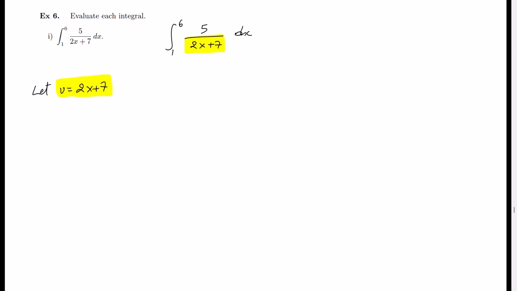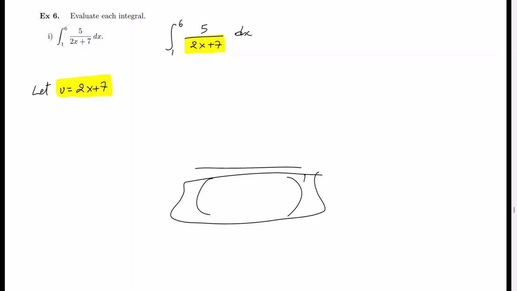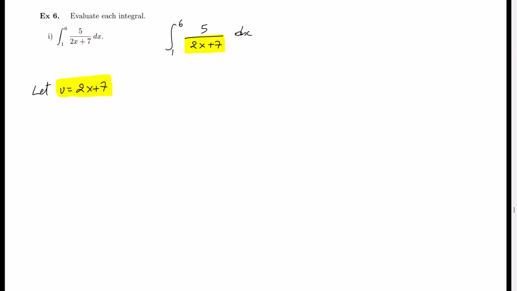Again, if you have a denominator with a quantity raised to a power, then the inside of the power is going to be the u. But if you have a fraction with a denominator that doesn't contain a power, so the power is technically 1, then the whole thing will be the u. That's something you have to keep in mind.